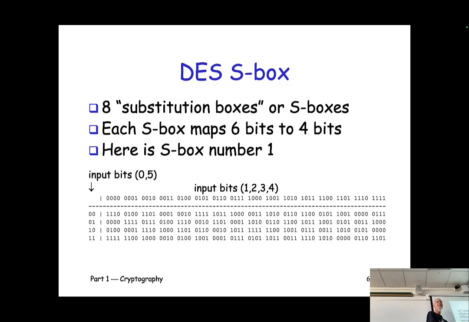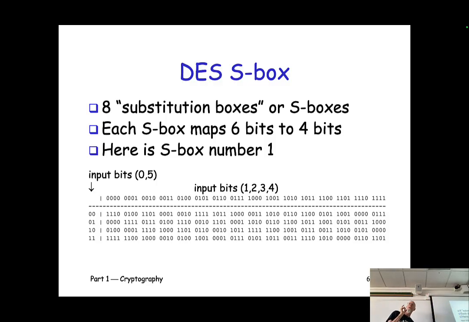We take the first and last, that'd be 1, 0. And the middle 4 bits were 1, 0, 0, 0. So I go over there, where's 1, 0, 0, 0? Right there, and I pull out 1, 1, 1, 1. So 6 bits in, 4 bits out. Just a lookup table.